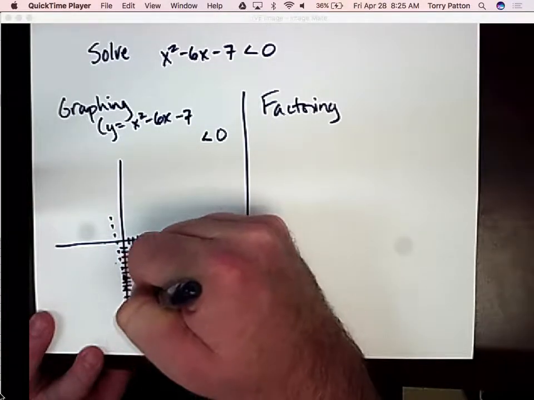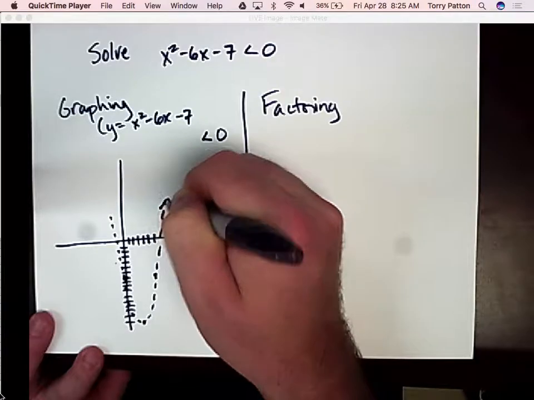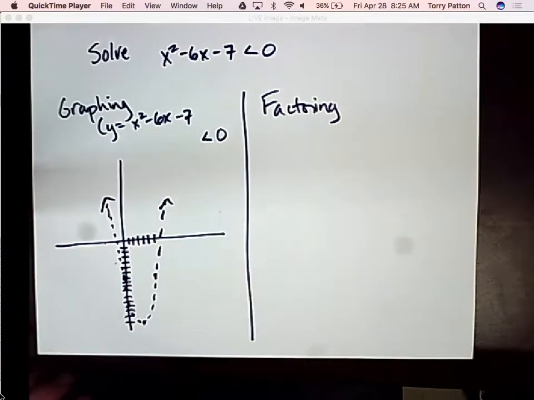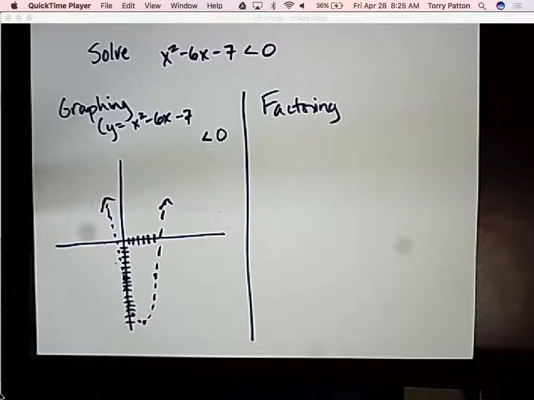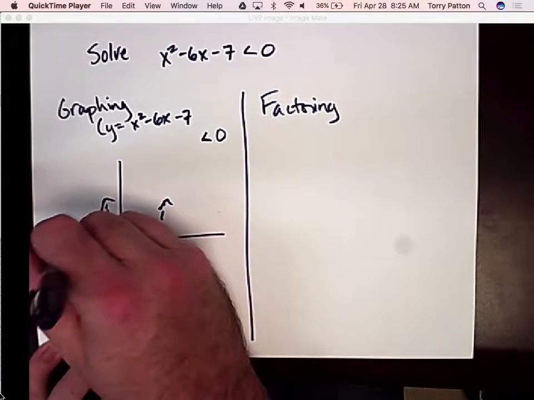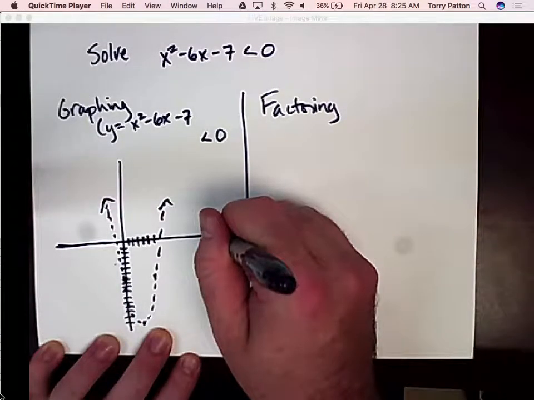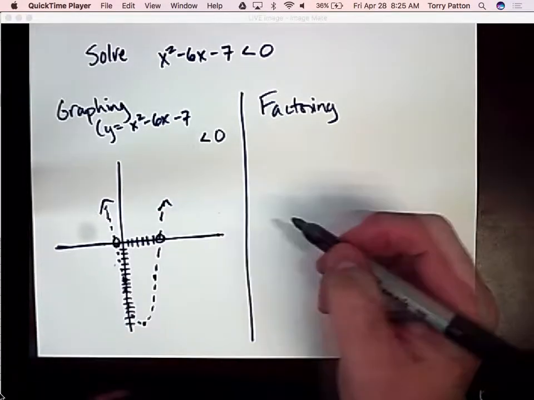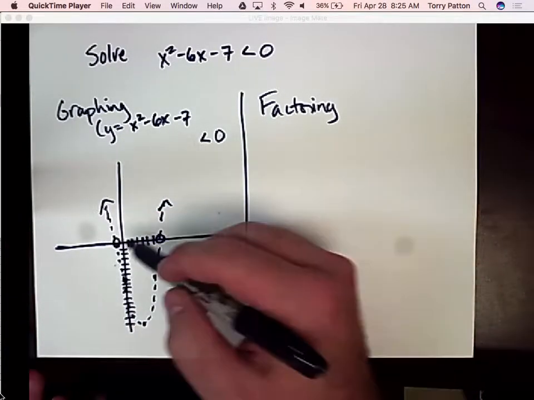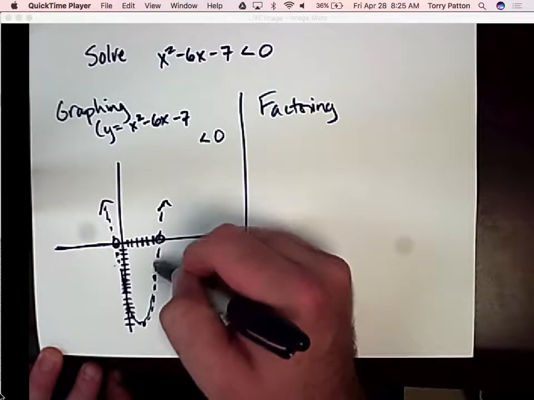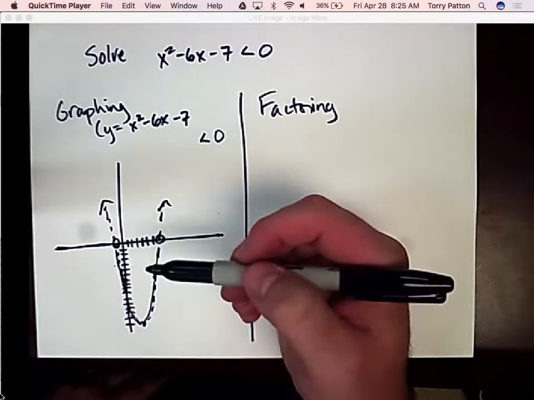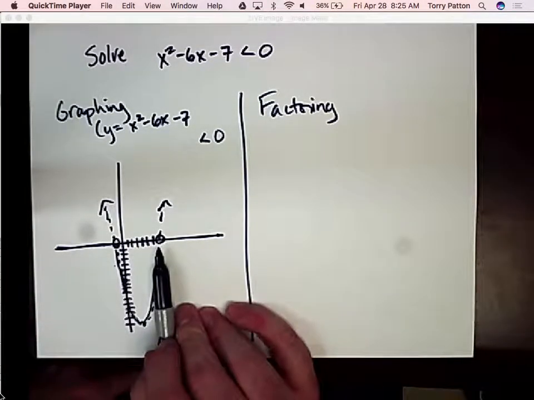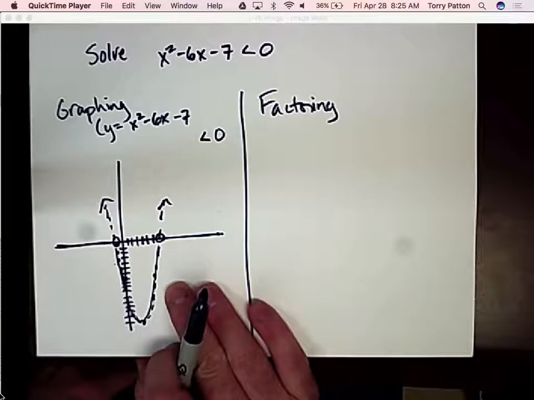Here's your parabola. Right? We want to know when is your y value less than or equal to 0? So if you drew a line, there's 2 points where it is 0, and here is everywhere where it's less than, right? So what you need to do is find those two zeros, and it's everything in between them.